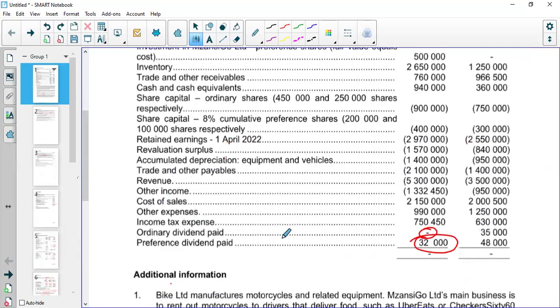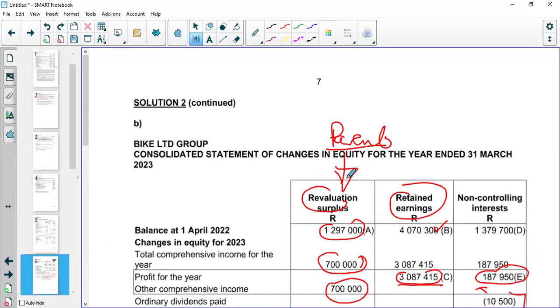So it will be for the ordinary shares, that will be 30% of that. And for the preference dividends, that will be 60%. Right. That's our NCI. And then we are good to go.